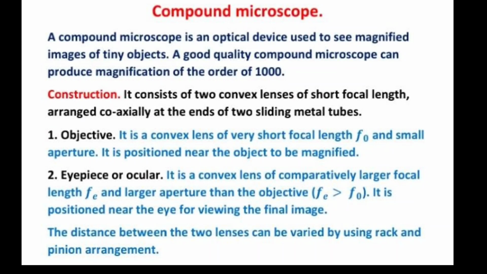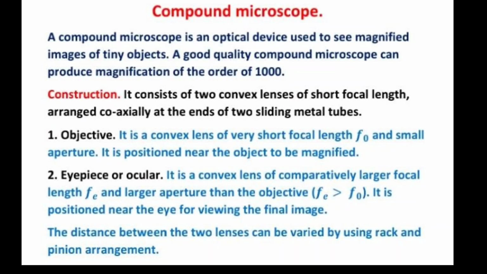It consists of two convex lenses of short focal length, and one is known as the objective, another one is known as the eyepiece. Objective is positioned near the object to be magnified, and this convex lens, which is named the objective, is of very short focal length and has a small aperture, and we give the symbol f0 to the focal length of the objective.